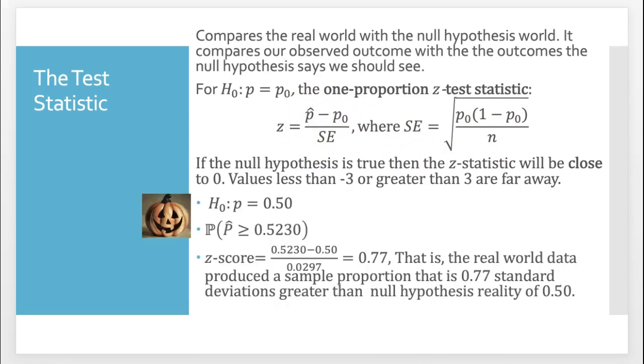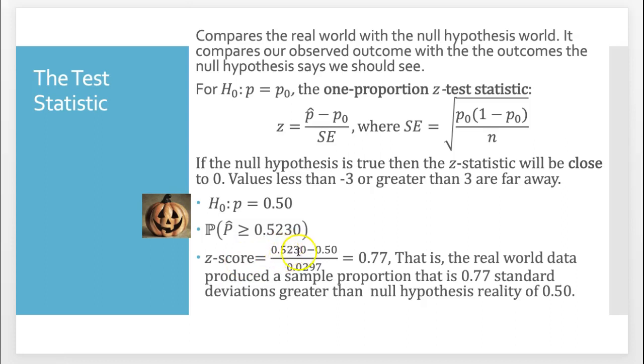So in this example that we did for the pumpkin data for the trick-or-treaters, remember, we assume under the null hypothesis that my P naught here is 0.50, and the real world data is 0.5230. This test statistic, I called it a Z-score, but now it's a Z-test statistic.